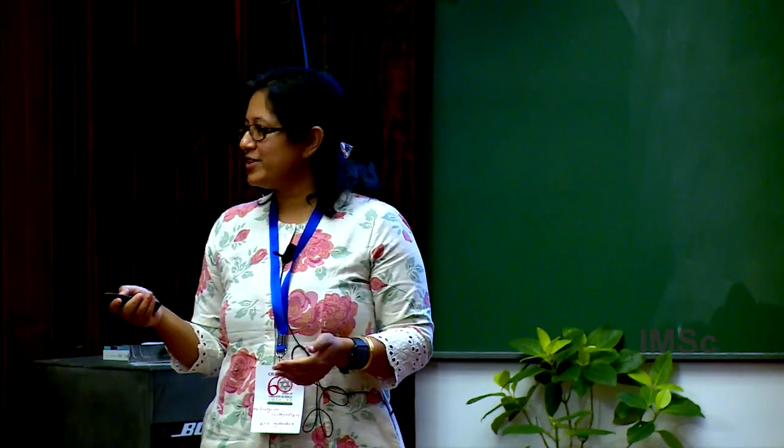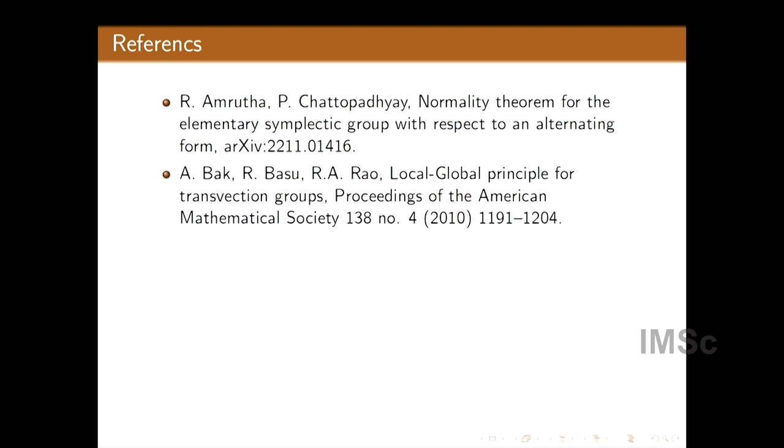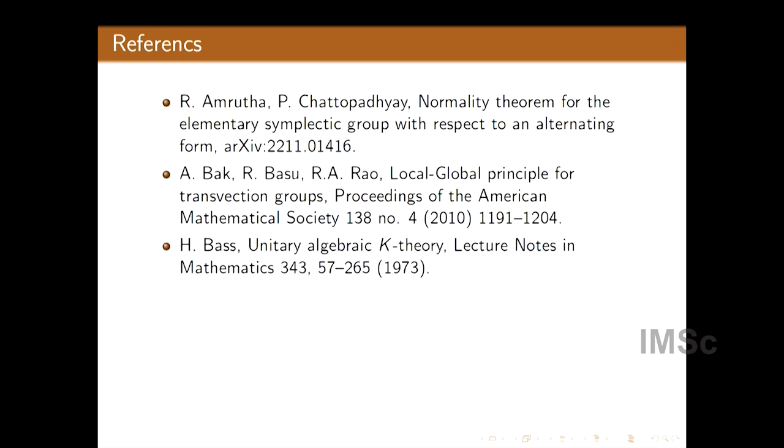I will just quickly go through the references which I used. This is the result regarding the symplectic group, which is currently on arXiv. Then this is where you can see Suslin's normality theorem for the transvection group. This is Bass's book, where you can find the transvection groups and so on.